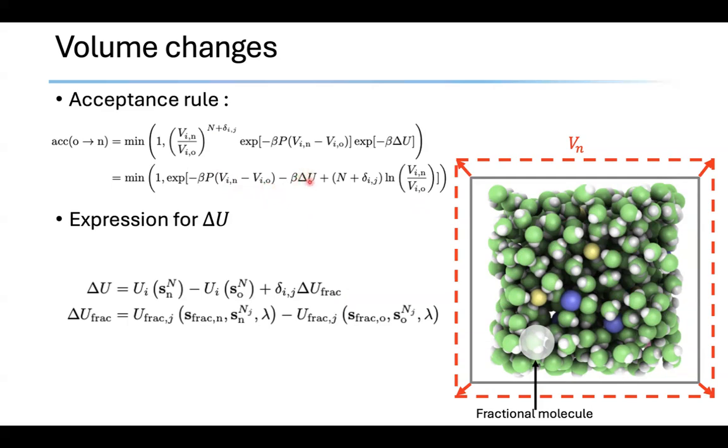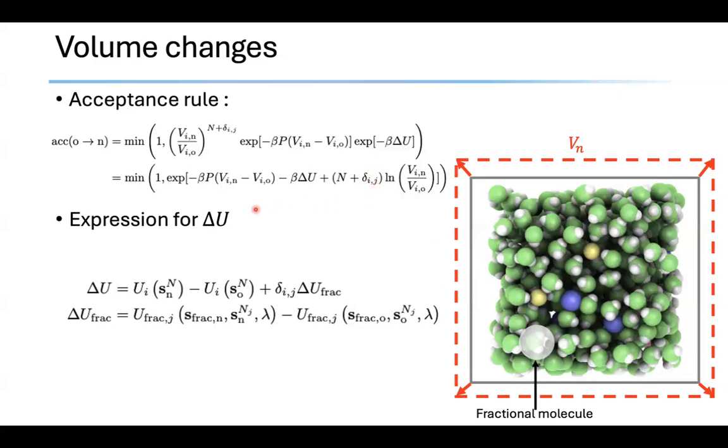Note that you have a term called delta U here, which means that once you change the volume of the box, you're also changing the relative distance between all the molecules, which means that you're also changing the overall energy of the system. And finally, if you scale the volume of the box in which the fractional molecule is present, then this term corresponds to 1.